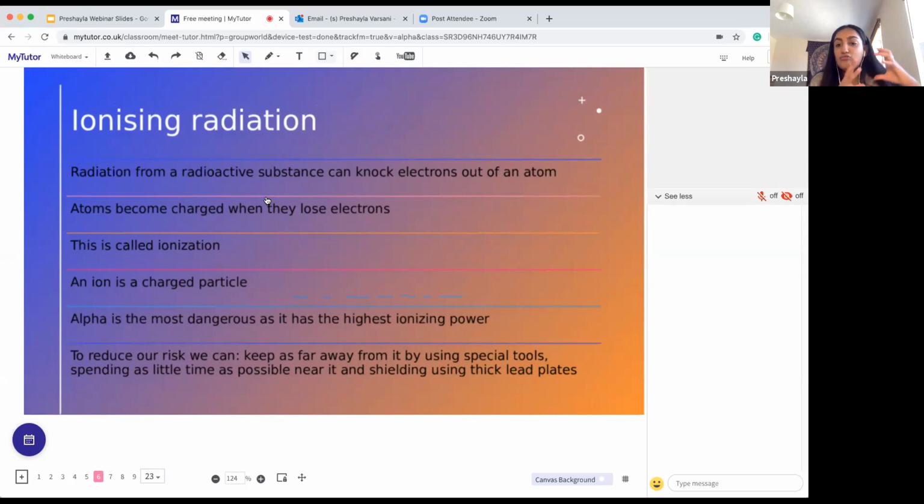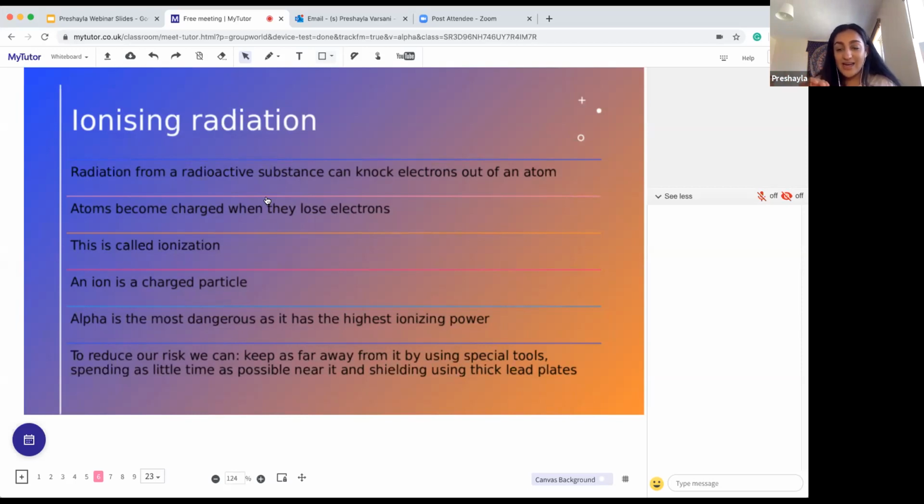Okay, so we have our radioactive substance. It might be barium, beryllium, lithium, some sort of radioactive substance, which gives out some radiation. Now, this radiation can knock electrons out of an atom. So it hits an atom and it bombards these electron shells, knocks them out of place.